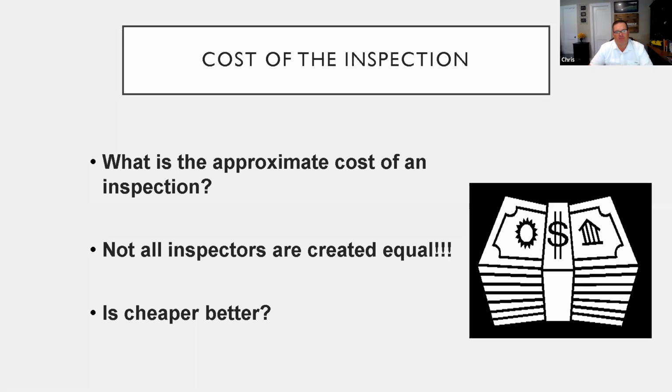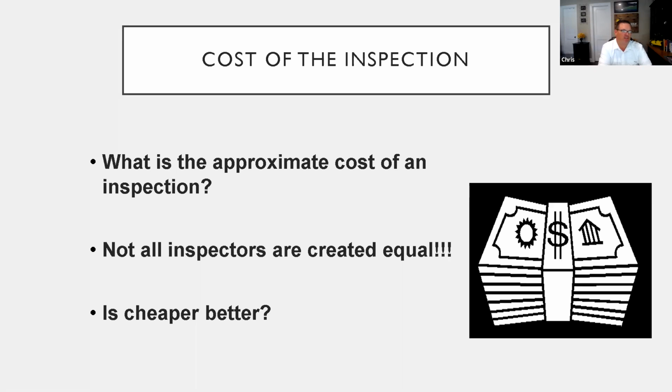We get a lot of clients who call us and say, well, my real estate agent told me that this should cost $250. Well, I don't know anyone who does home inspections for $250. And when they're out price shopping, looking for this $250 inspector, even though you gave them a list of home inspectors, they're probably not going to find the person that was on your list for $250.